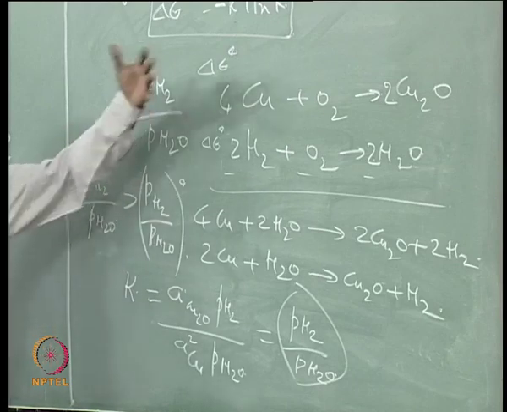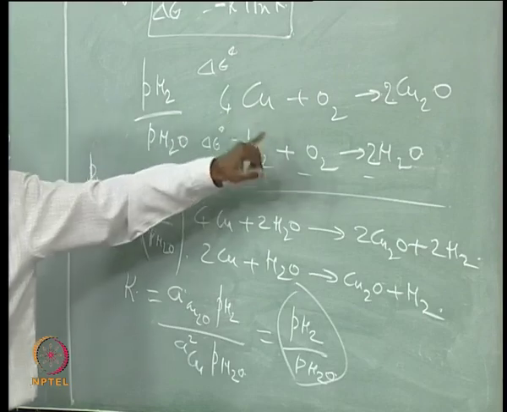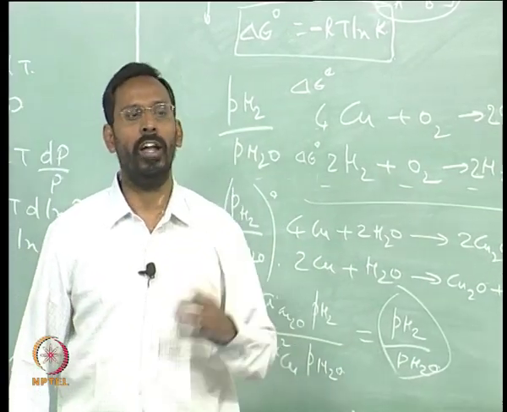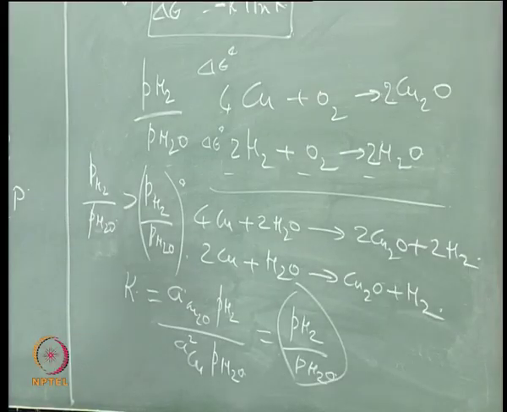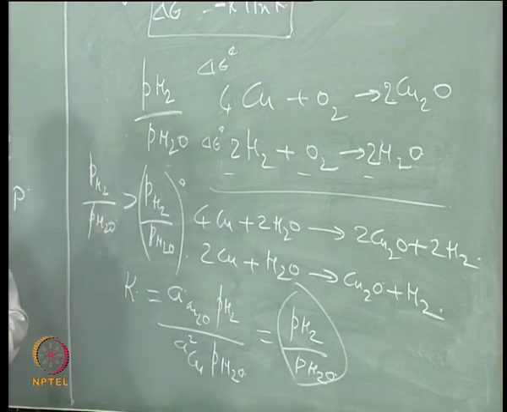Of course, depending on the actual equation, if I am talking of Fe, then I have to actually see what is the type of oxide that is forming, is it FeO or Fe2O3 or Fe3O4, and accordingly the actual numbers will change a little bit, and then here also the values will be slightly different.